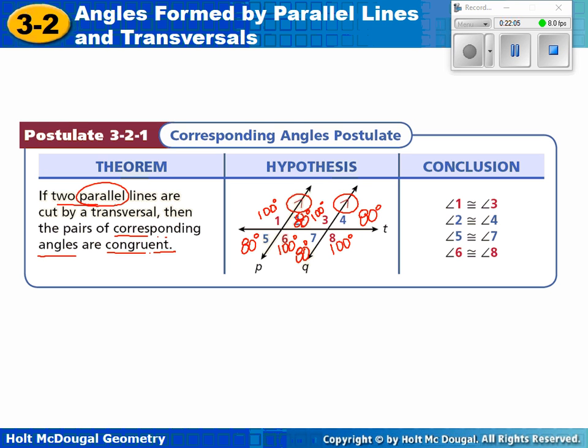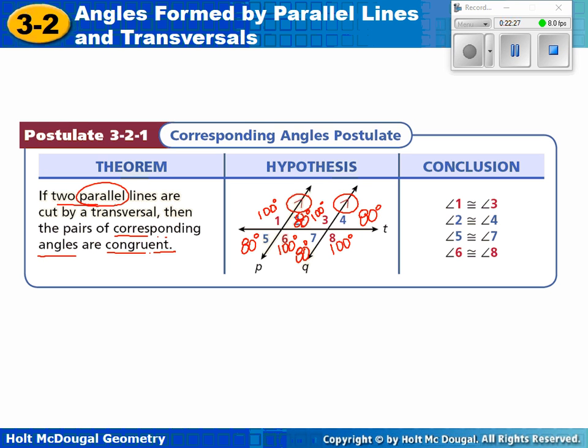So we can add up here then that if the lines are parallel, only if the lines are parallel, alternate interior angles will always be congruent. This is always true if the lines are parallel. Okay, now look for your alternate exterior angles.